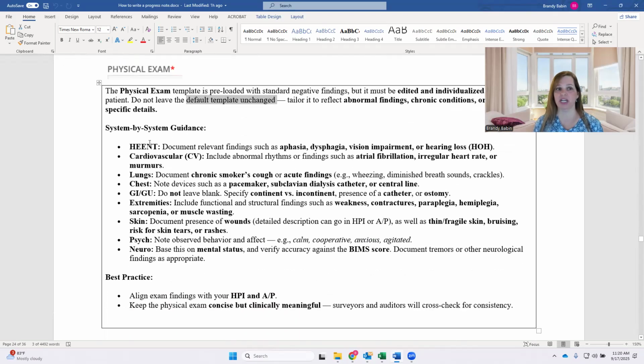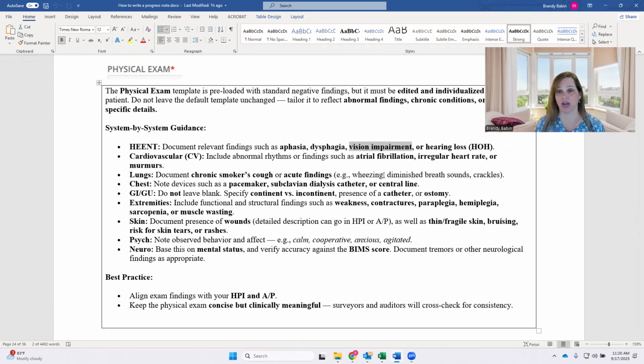But findings for HEENT, I see a lot of times aphasia that's not documented, dysphagia that's not documented. When I'm doing your audit, if the patient has glasses on and I'm looking right at them, I'm going to say in your audit that you didn't document vision impairment.